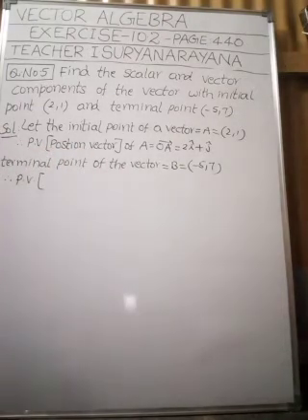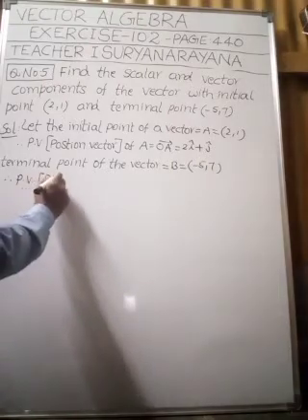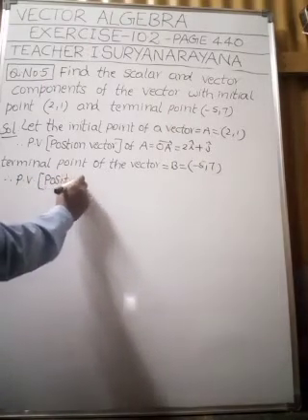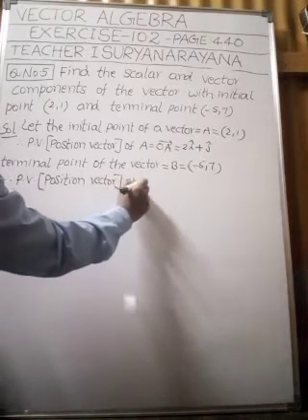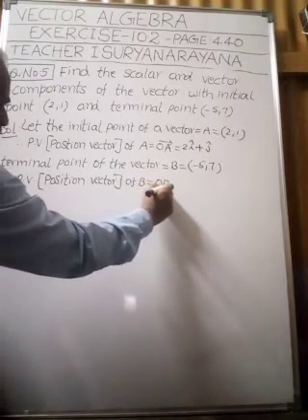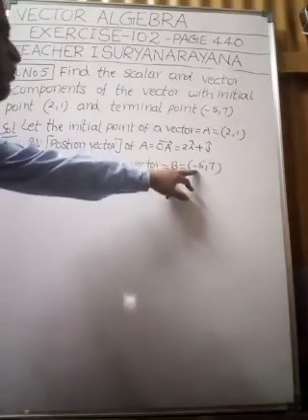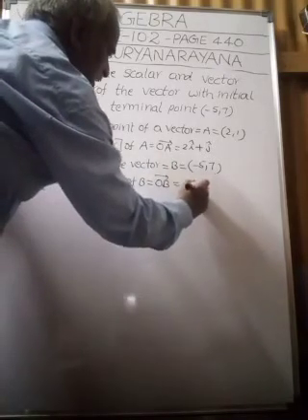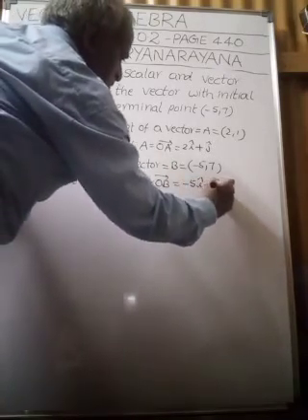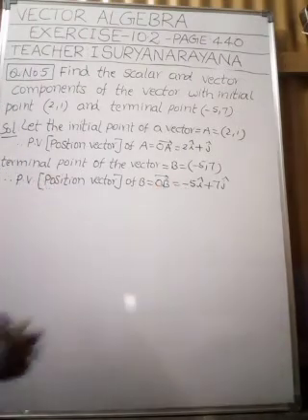Remember this point, my children, throughout this vector algebra. The position vector of B is denoted by OB bar. So we write this ordered pair in the form of components: minus 5i cap plus 7j cap. Understood this statement, children? Right.